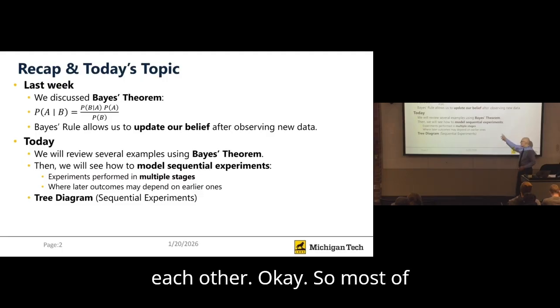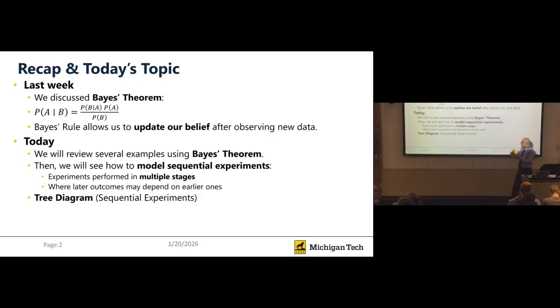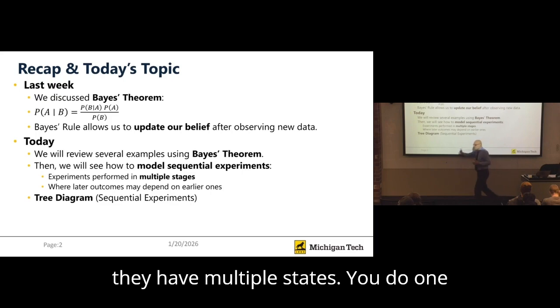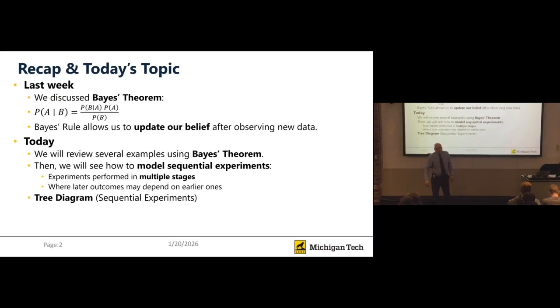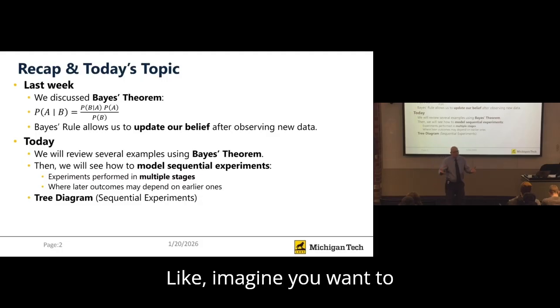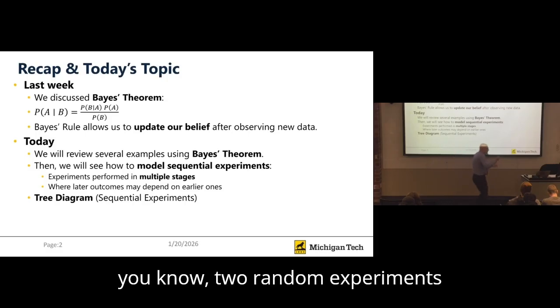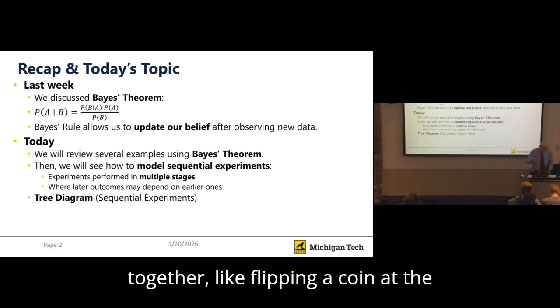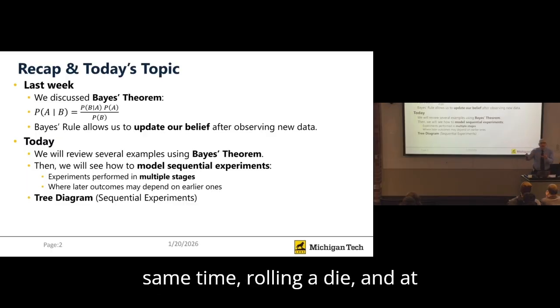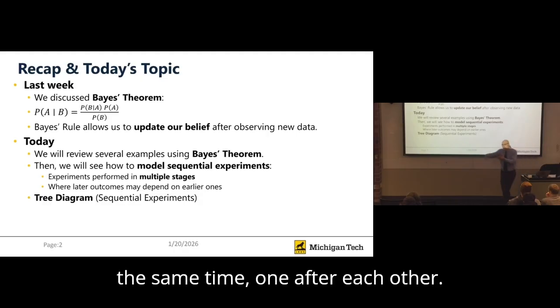Okay? So most of sequential experiments, they have multiple stages. You do one step one, then like imagine you want to combine two random experiments together, like flipping a coin and rolling a die. Not same time, one after each other.